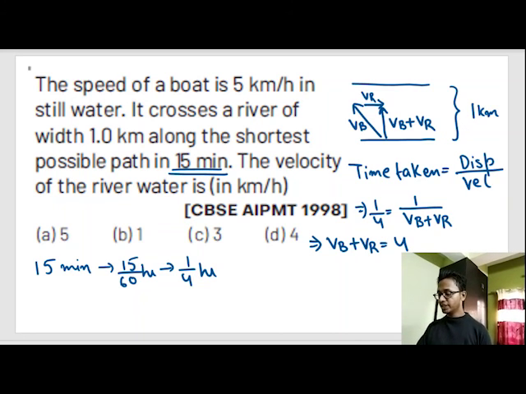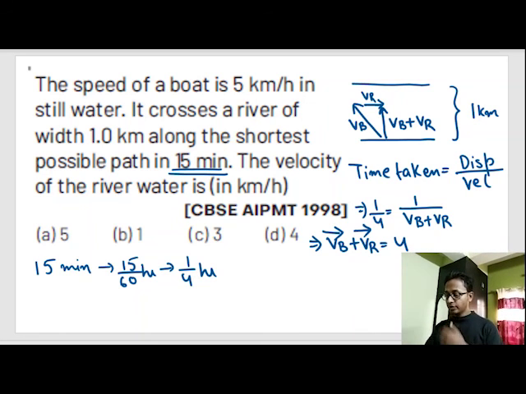Now we know that VB is equal to 5. So VB minus VR, or VR is equal to 4 minus 5 is equal to minus 1, and that would be extremely wrong. Remember, these are vector addition and subtraction. That means the velocity vector of the boat plus the velocity vector of the river is equal to 4 in the straight direction.